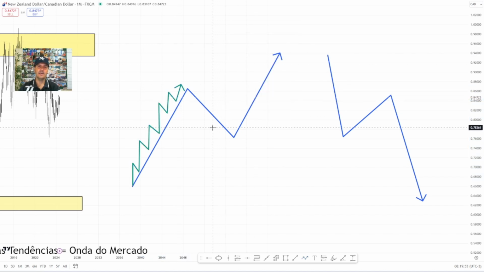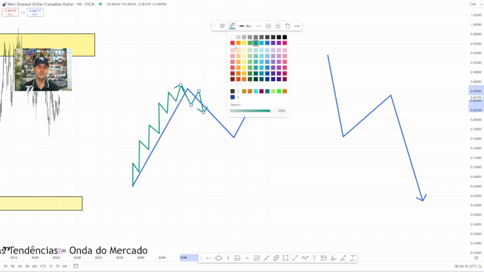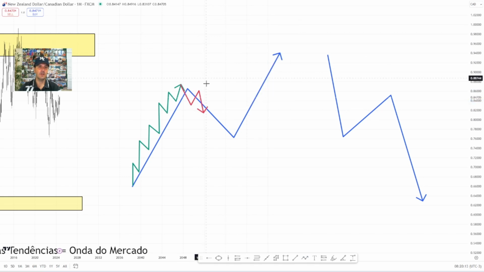And then I need to see a change in the short-term trend. I need to see a confirmed downtrend. Therefore I need to see lower low, lower high, lower low. This is about charting, and it's so important.